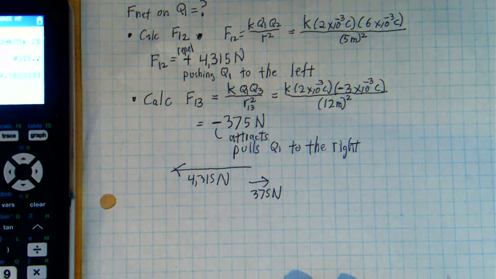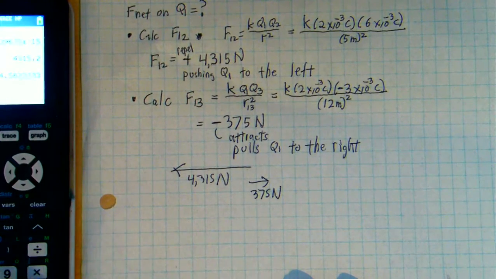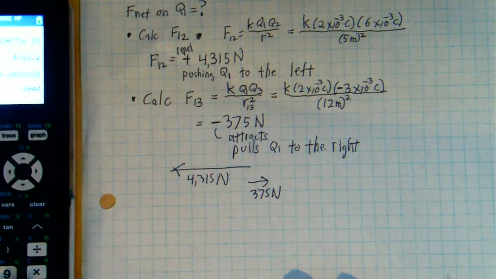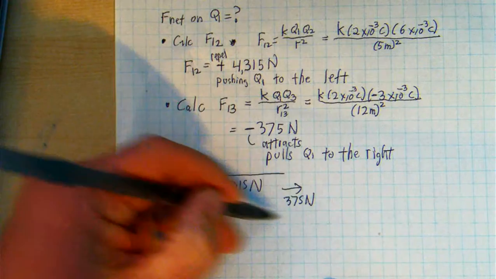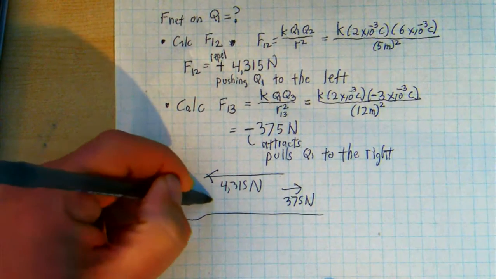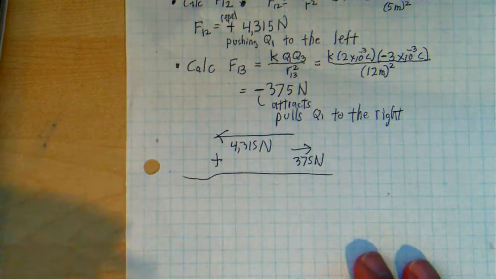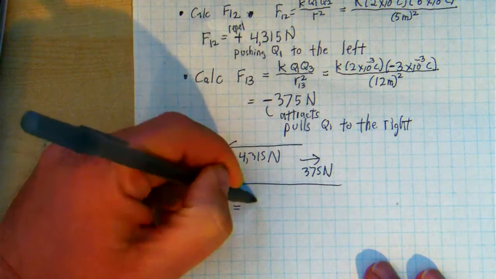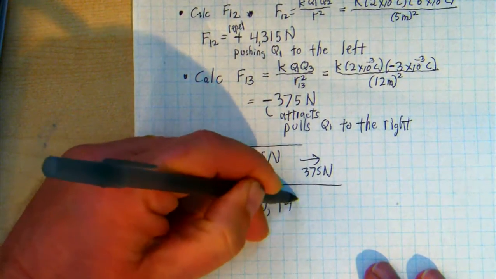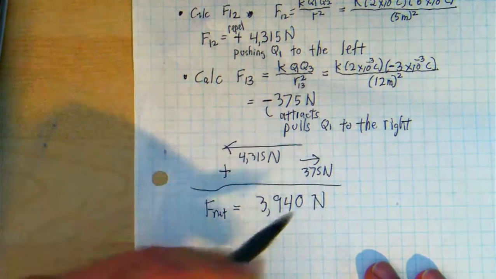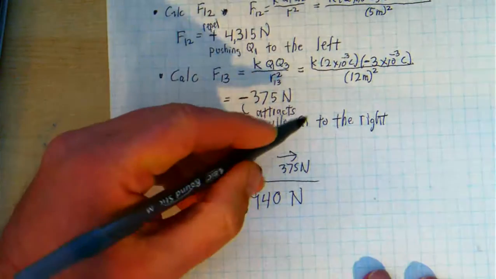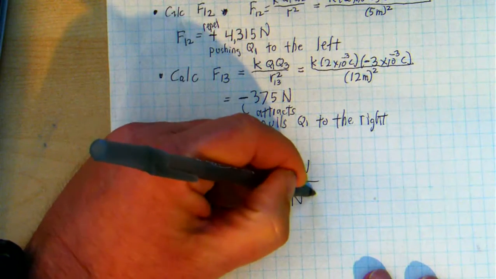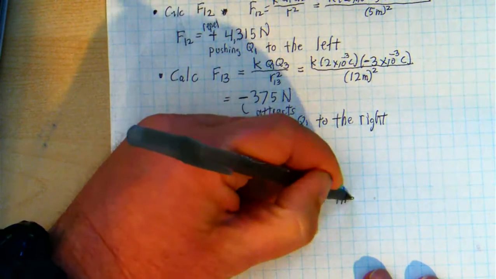So I will subtract 4315 minus 375, and the combined force, the net force, is 3,940 newtons, by the way, 3 sig figs, to the left.